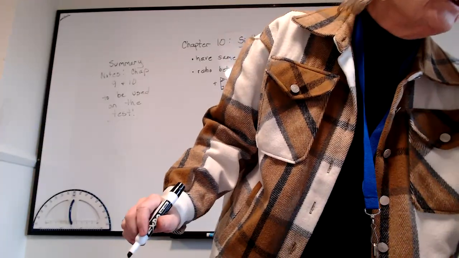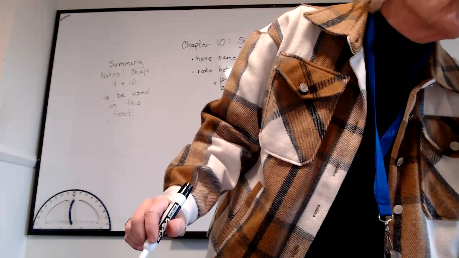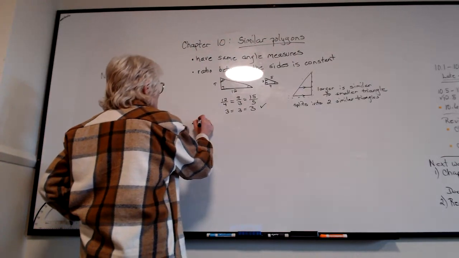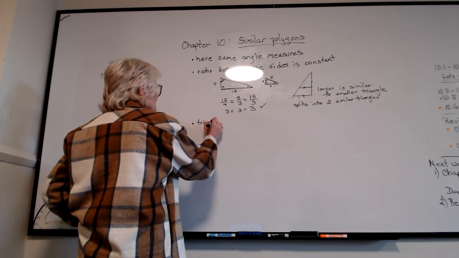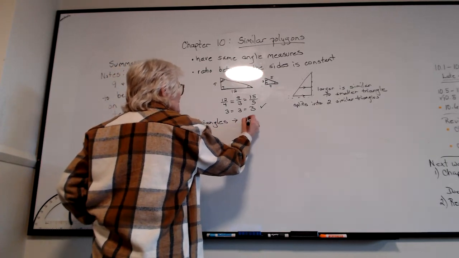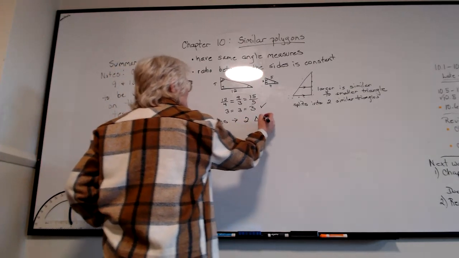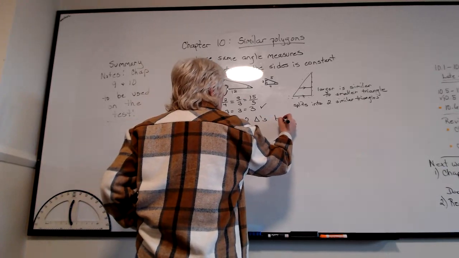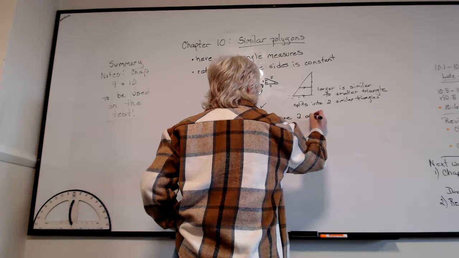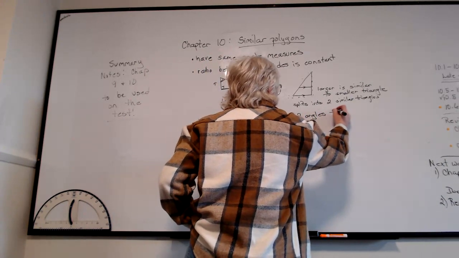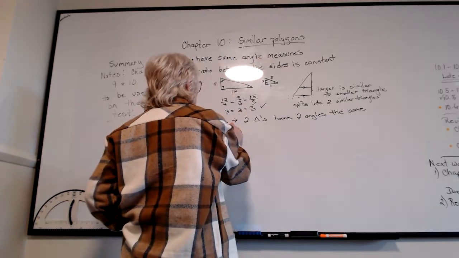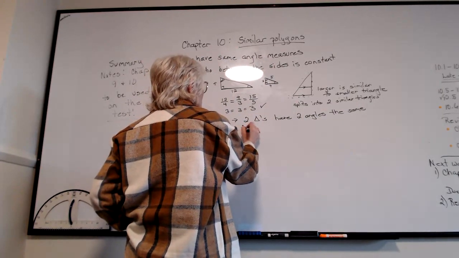The next thing we looked at was again, triangles. If two triangles have two angles the same, then they are similar.